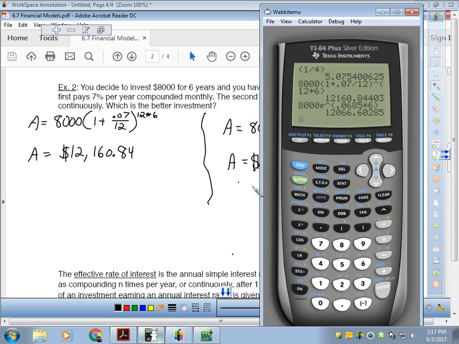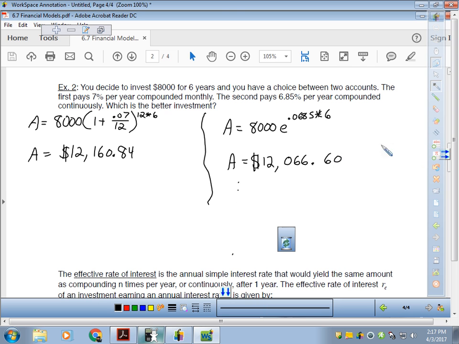And 60 cents. Okay. So which one is the better option? Which one's the better investment? Well, this one will get you a little bit more money. So the 7% compounded monthly.